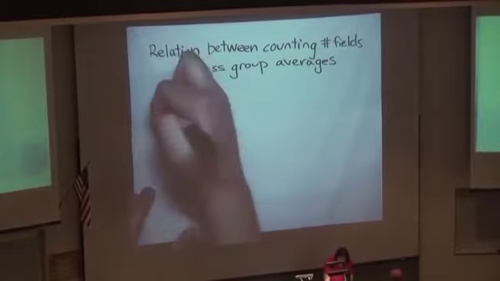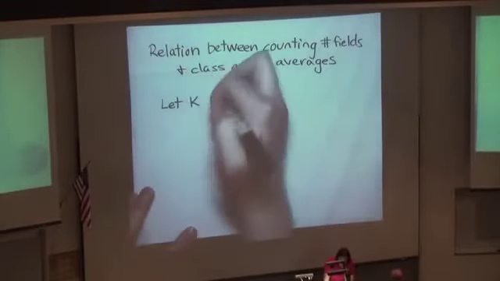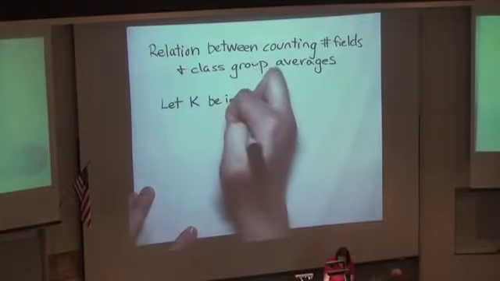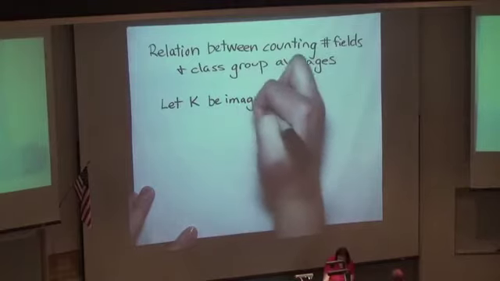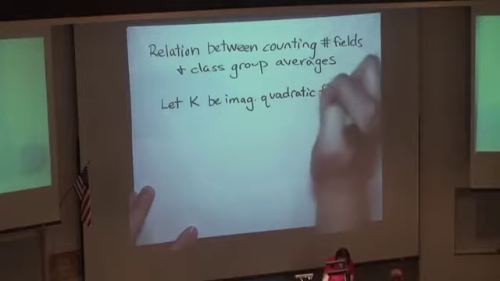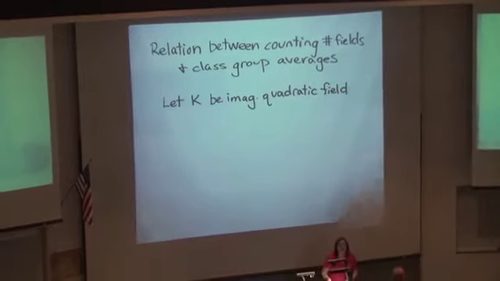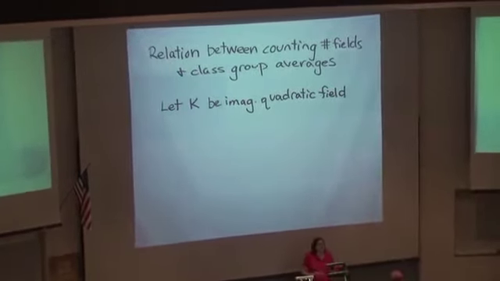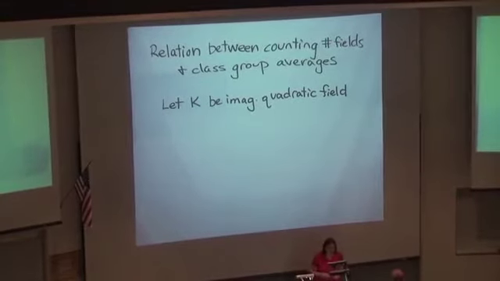Okay, so let K be an imaginary quadratic field. So these were the kinds of fields that we were asking about the distribution of their class groups. That was the subject of the questions I was asking there, and then the Cohen-Lenstra heuristics, which give conjectural answers.